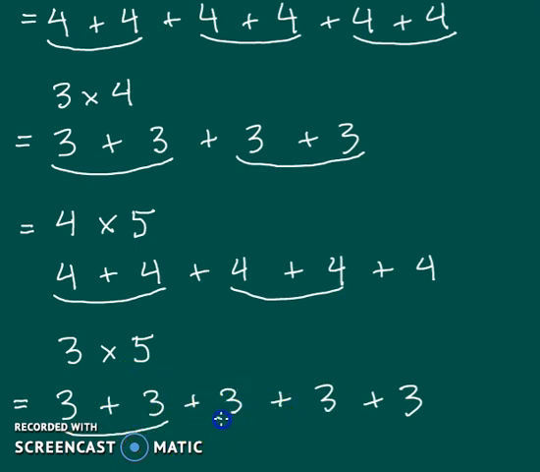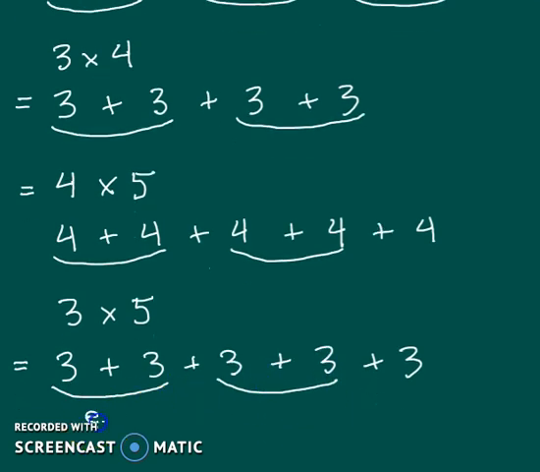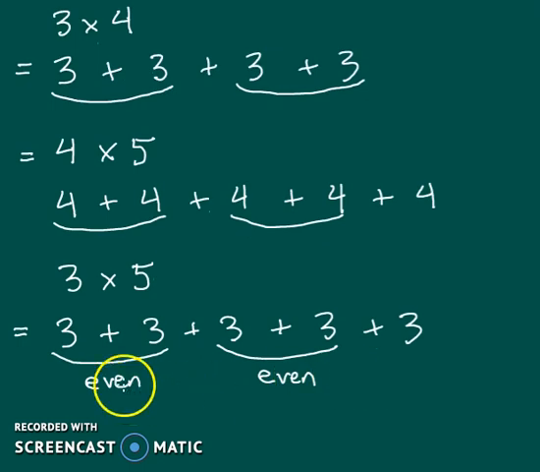And then again, I have a pair of 2 3's. So I know that this little product here is even. And I know that this product here is even. And then I'm adding one odd number. When an even number is added to an even number, I have an even number.